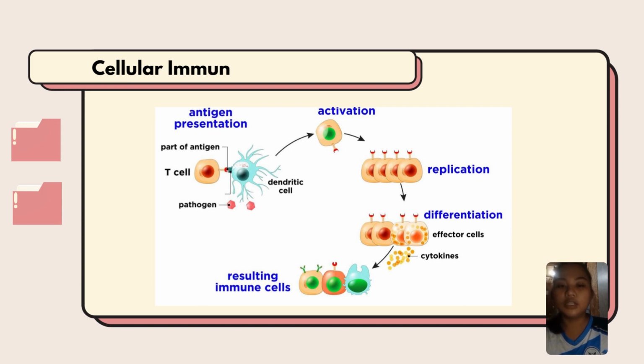So now let's continue on and switch over to the cellular immune response, where we will look at the T cells. T cells operate a bit differently, as active T cells have the ability to kill cells of the body that have been infected by viruses or bacteria, as well as cancer cells.